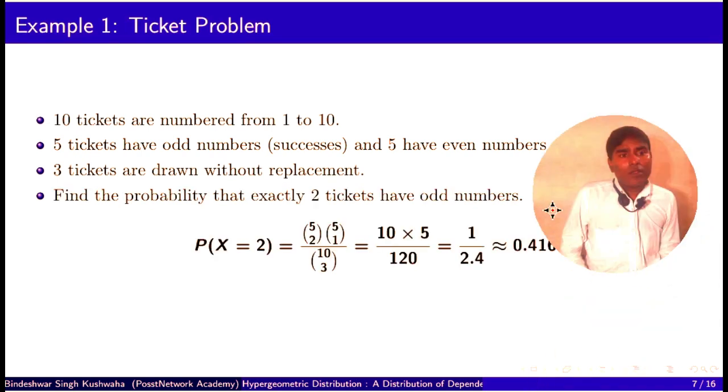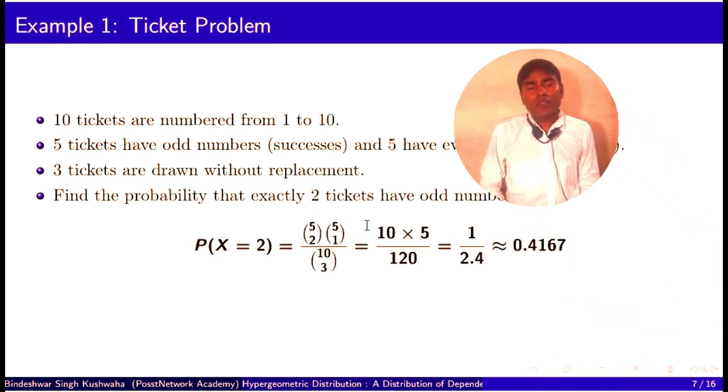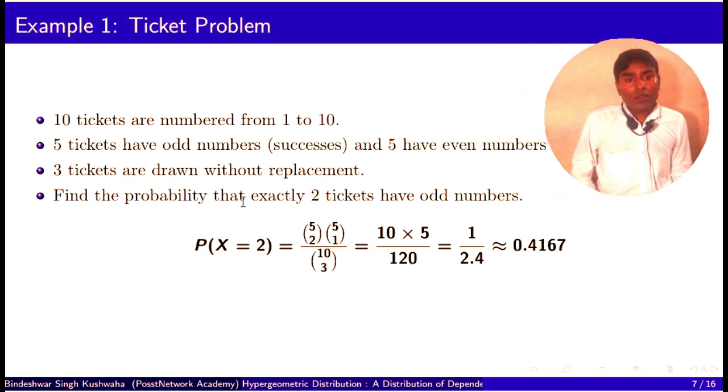You can calculate here that out of 5 we are selecting 2, and from the other 5 we select 1, and the total is 3. So that would be equal to 10 into 5 upon 120.